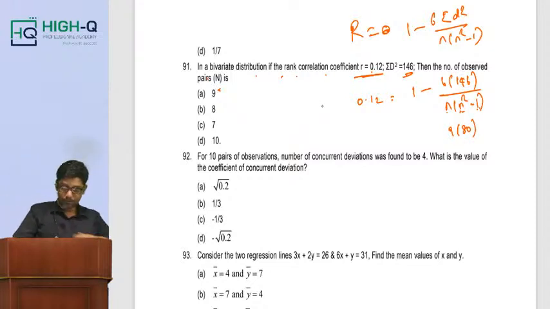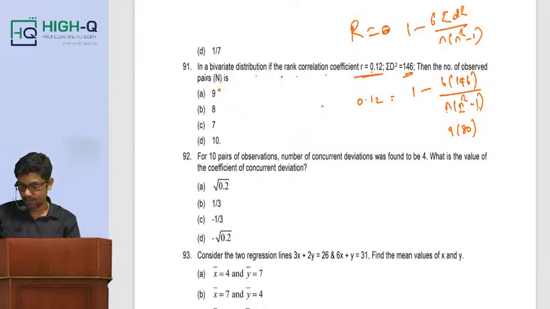So 6 into 146 over 720. 0.21 I am getting. So not possible. Go for 8. 8 into 63, 504. 0.738, not getting.